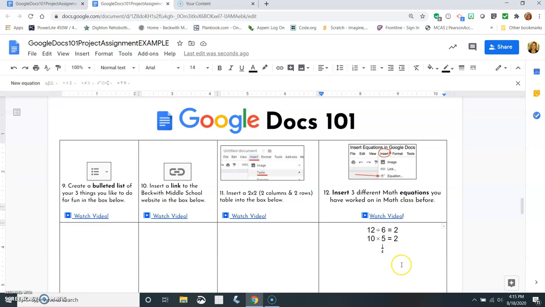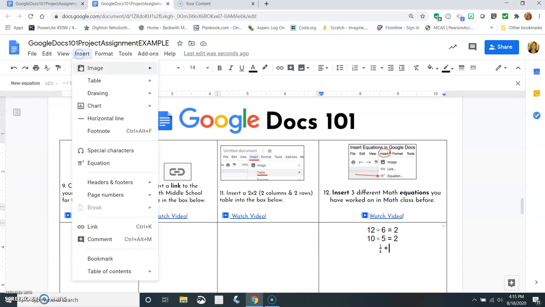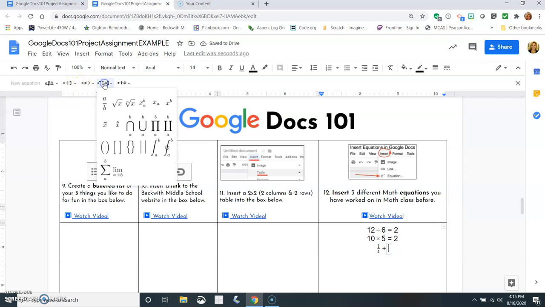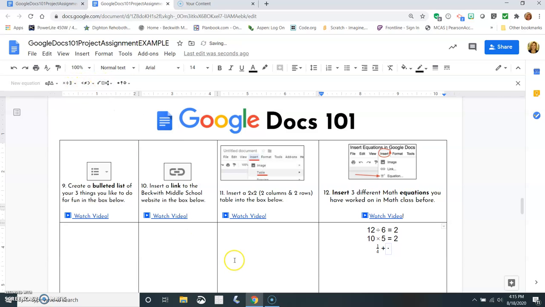And now maybe I want to say 1/4 plus. So there's a plus sign right on your keyboard, so you don't need to use the equation editor. And maybe now I'm going to say insert equation. And this time I'm going to use another fraction. I'm going to say 1/4.